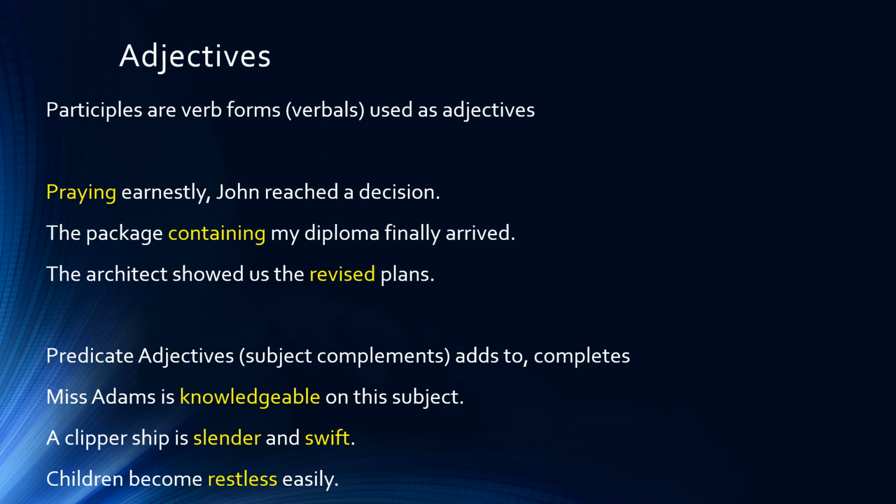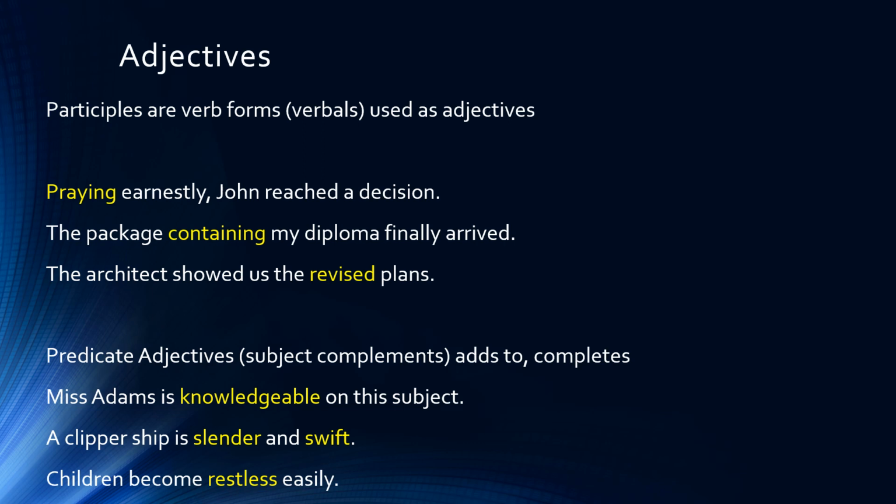Now let's look at a few examples. Participles are verb forms or verbals as they're called, and they are used as adjectives. Praying earnestly, John reached a decision. Praying describes John. John is praying. The package containing my diploma finally arrived.